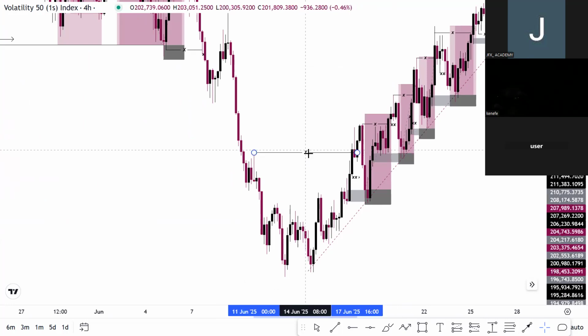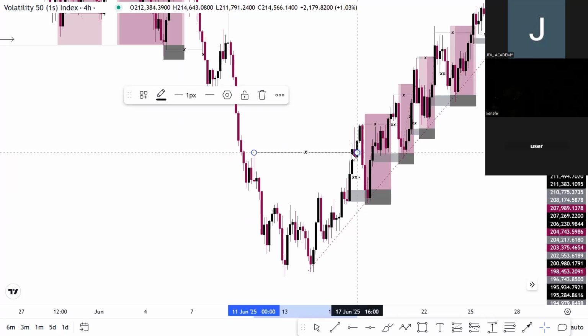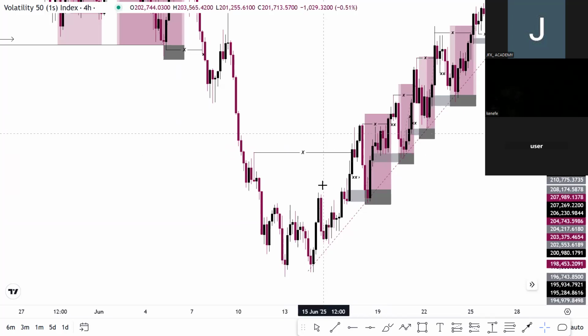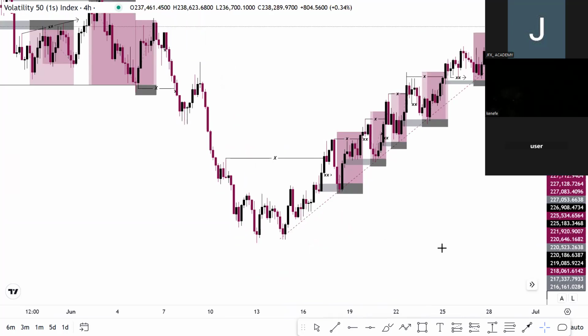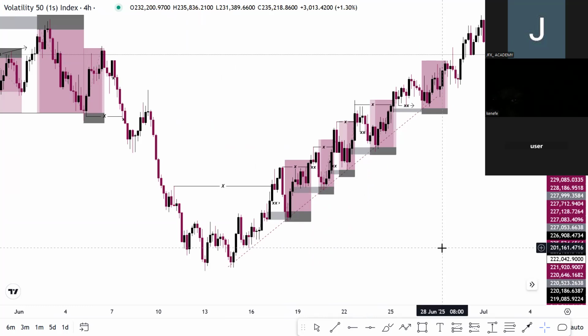Now, this is the scope. If your pair is on a buy trend, and you are sensing that this thing is going to start selling, all you need to look out for is your market structure shift to the opposite side. That means the market is trying to change the trend.